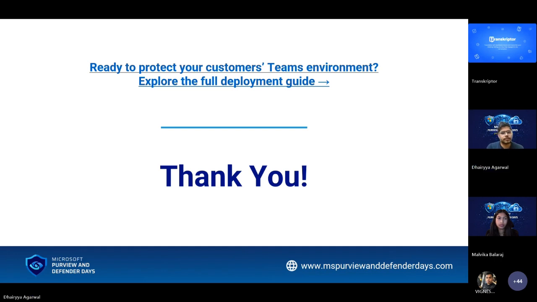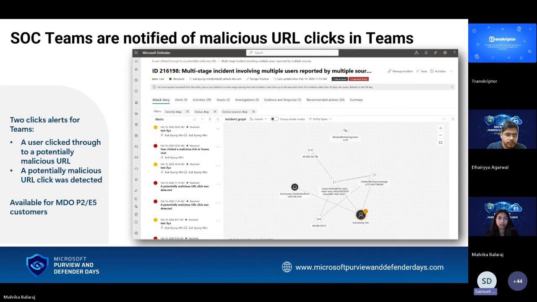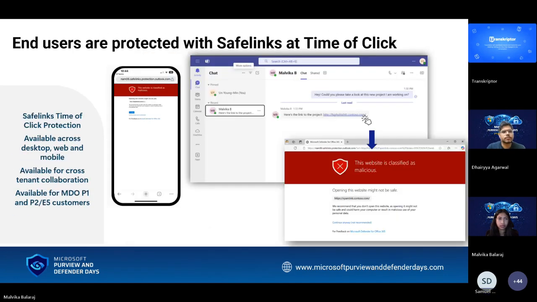Yes, I have a question. The Safe Links and Safe Attachments you talked about on Teams, that the previous representative spoke on: are those enabled by default, or do we need to go to the Defender portal to create those policies? Safe Links is enabled by default as part of built-in protection.